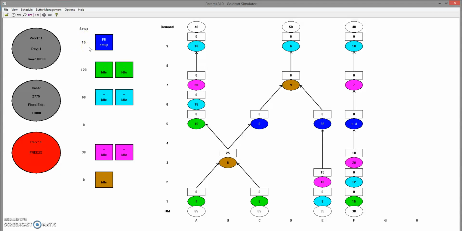Remember, we had discussed the setup time. If you've forgotten about it, you can go back to either part 1 or part 2, where I discuss the setup time in both of them. So it's going to take 15 units of time to set itself up, and then it will take 1 unit of work that is available at this interim storage, process it, and send it over here.